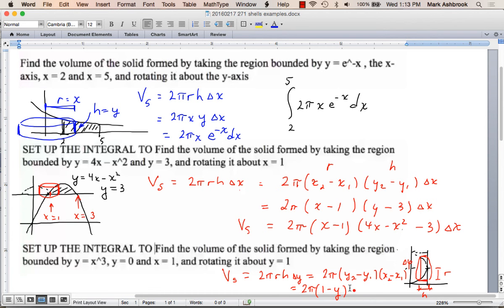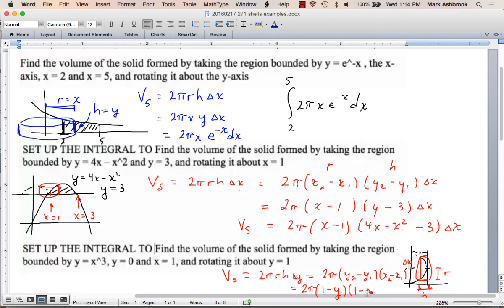The radius is a change in x, so it's 1 minus x, but we have to change it into y, right?